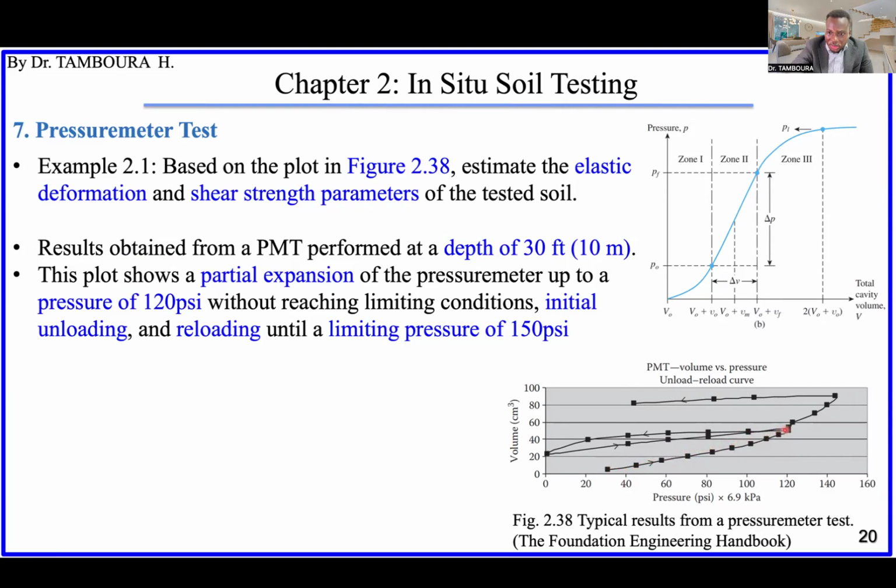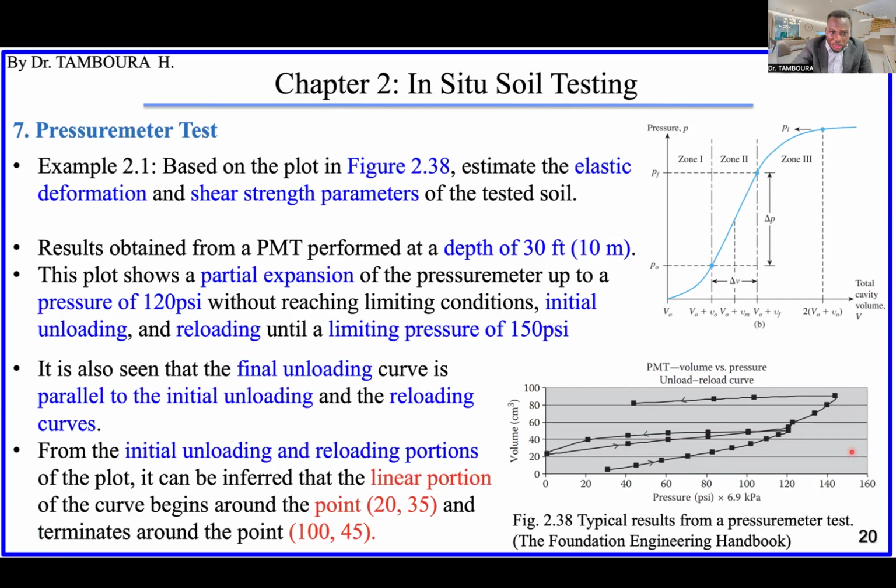Do this 120 without reaching the limit. Then unload and reload again until the limit now, which is 150, around 150 here.